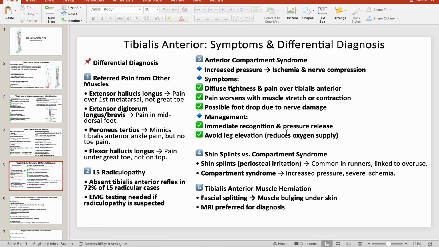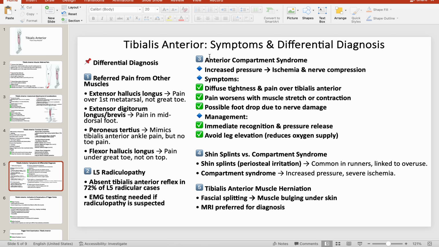Oh, exactly. But the biggest problem with that diagnosis is that this thing is so serious. This is an emergency, because anterior compartment syndrome can kill the nerves in that compartment.